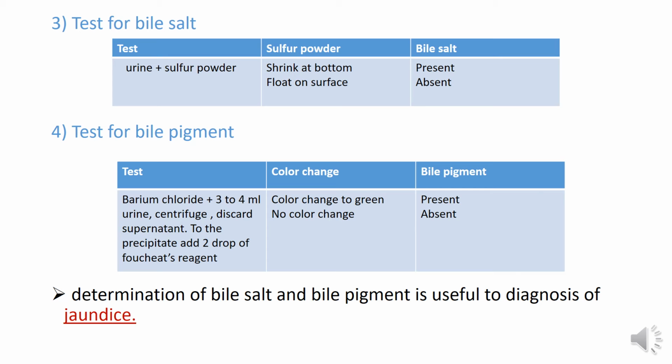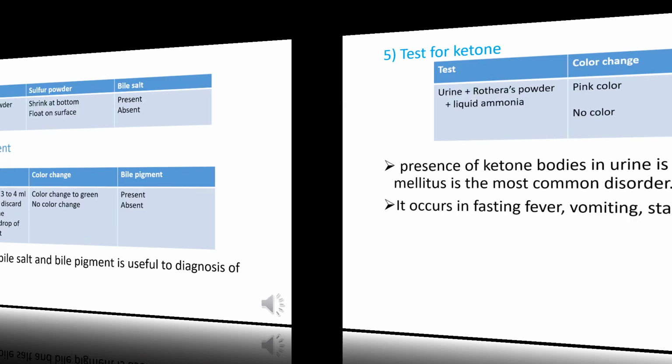This is the reaction of the test for bile, and these tests, the test for bile salt and the test for bile pigment, are important because determination of bile salt and bile pigment is useful in the diagnosis of jaundice.